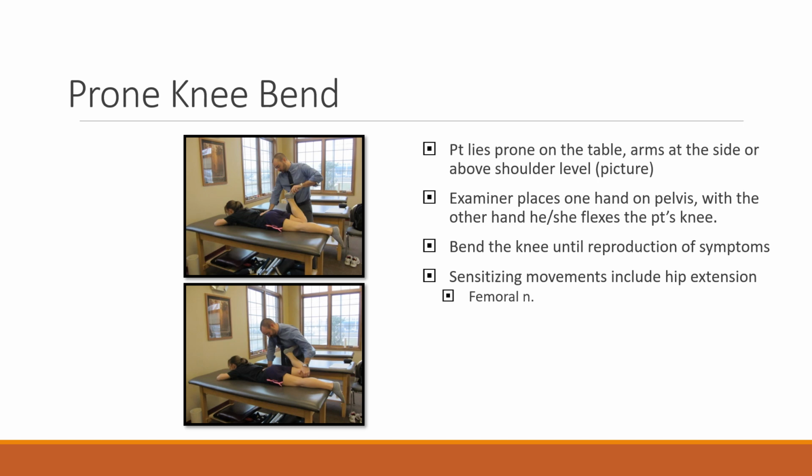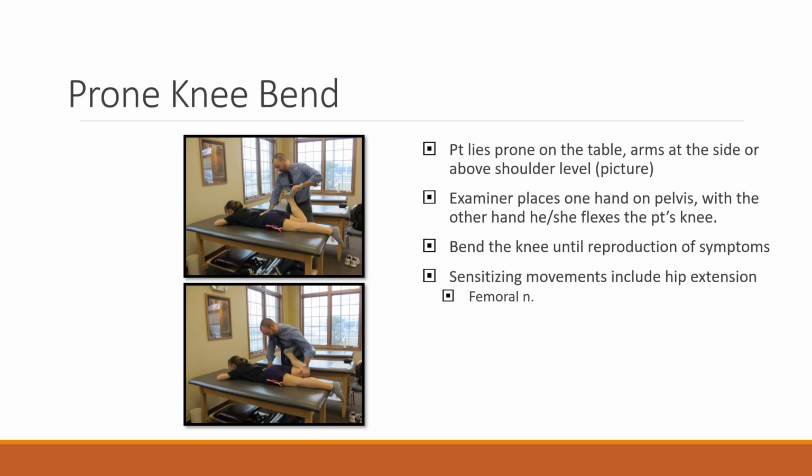However, we can sensitize this as well by adding hip extension, and that's going to bias the femoral nerve component. We see that in the bottom image on this particular slide. Again, when we're trying to determine if the test is positive, we're going to use a bilateral comparison, and we're trying to determine if a patient's concordant sign has been reproduced.